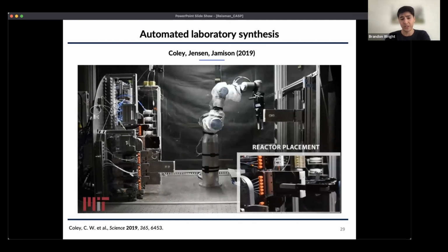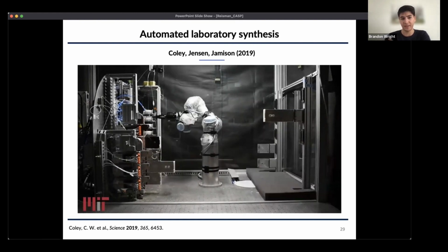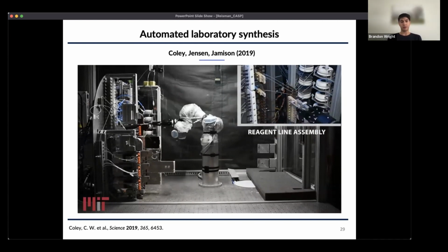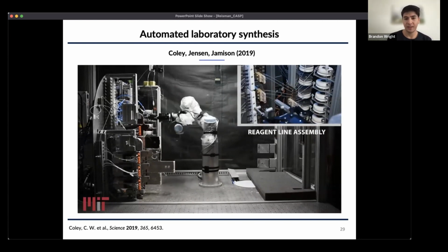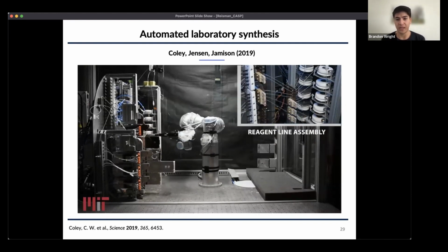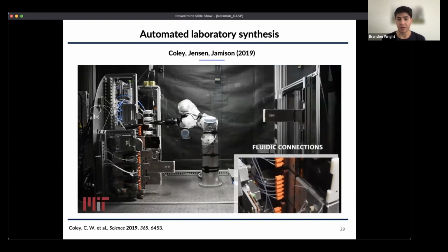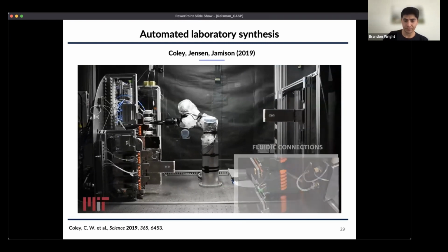And these are routes that were suggested by ASKCOS, and the reagents were developed by the computer program, which I think is just really interesting. And here you can see the robot picking one by one these different reagents to go into the flask, and it can automate the whole process.